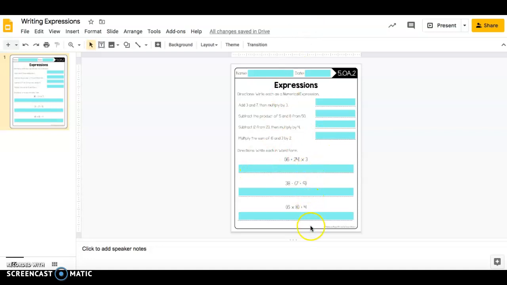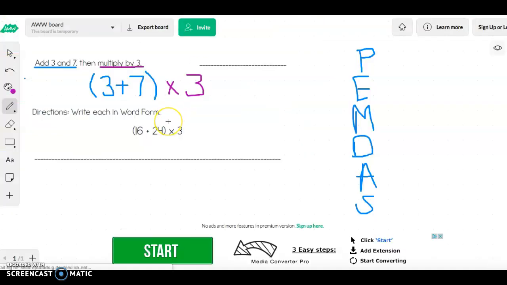Then you have these ones. We're going backwards. Now they put it in a form that we made last time, and they want us to put it into words. The first thing, because parentheses say that's what you do first, we have to write this out. I'm going to try a text box. I haven't done that yet on here.